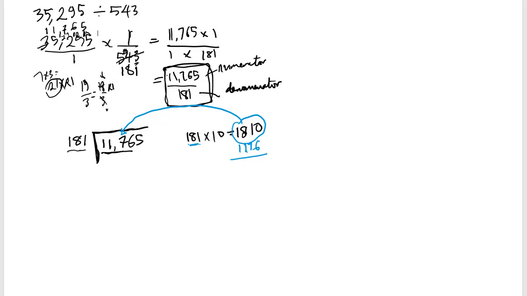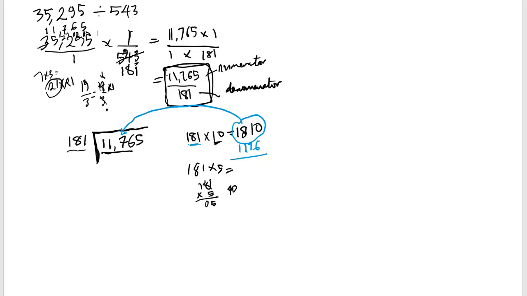So the next thing you can try is to multiply 181 by half of this number, that's 5. You get 181 times 5: 5 times 1 is 5, 5 times 8 is 40.